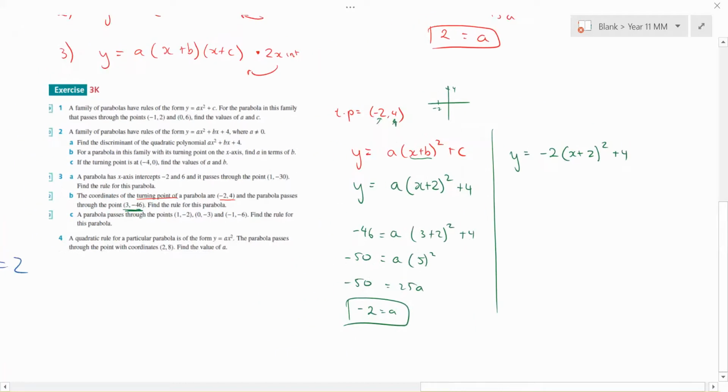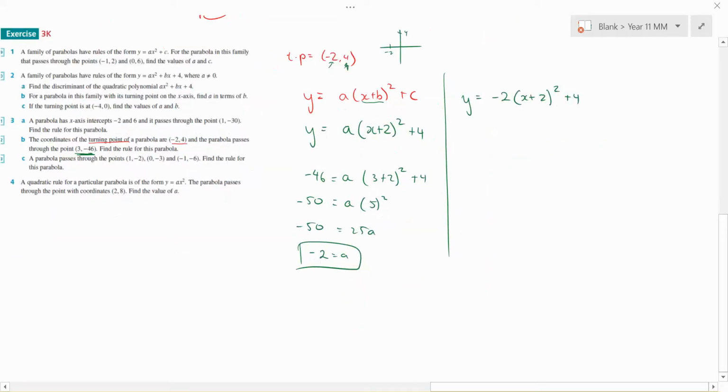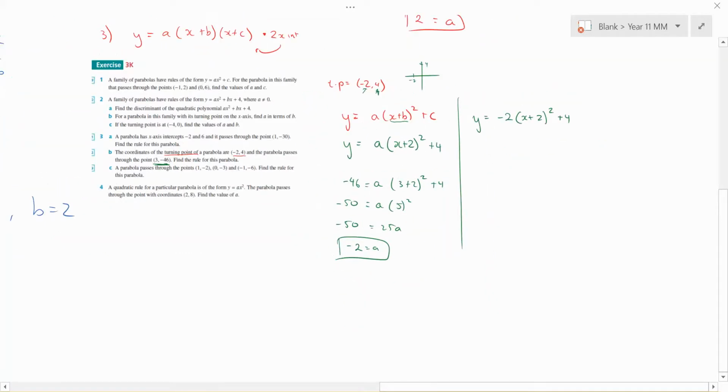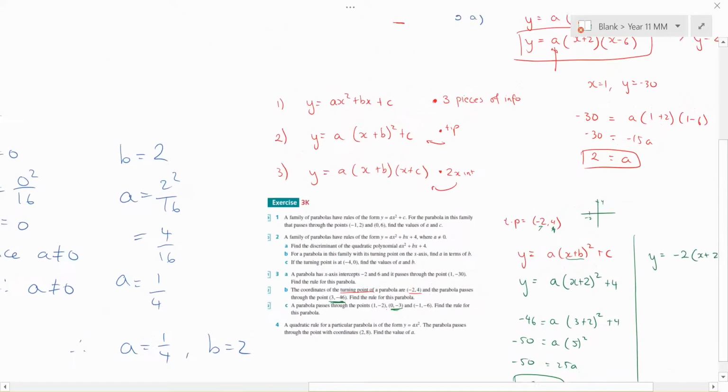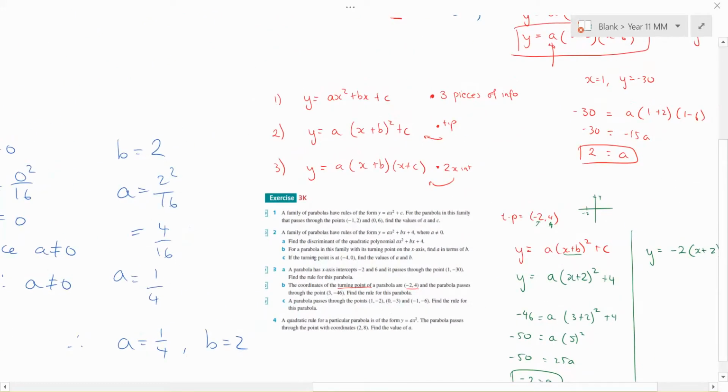Okay, that's 3b. Now 3c, which is what I didn't get to teach in class, says the parabola passes through the points. Now, none of these are your x-intercepts. This is your y-intercept, when x is 0 it's negative 3, but there's no turning point either. So I told you that if you don't get anything, it's likely that you'll need to use the general form.